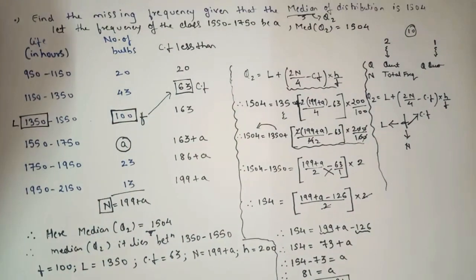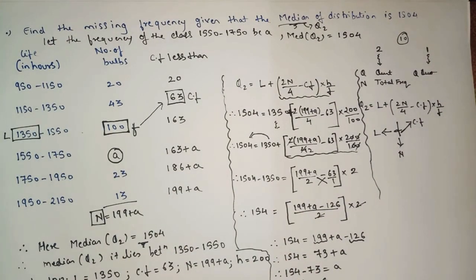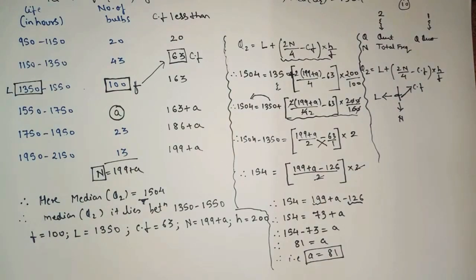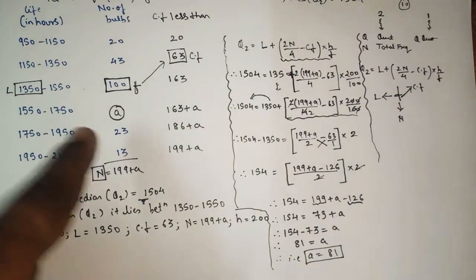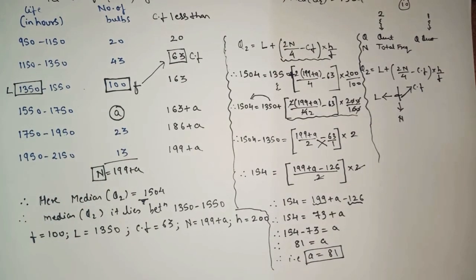As in the question, we have to find the missing frequency. For the missing frequency we took A, so we got the answer of A. So for this sum, the value of A, the missing frequency, is what? 81. So 81 is the answer for the class 1150 to 1750.